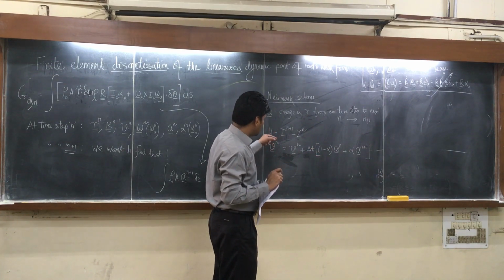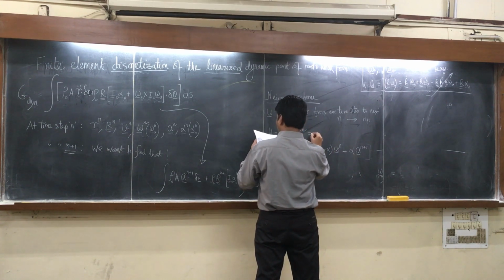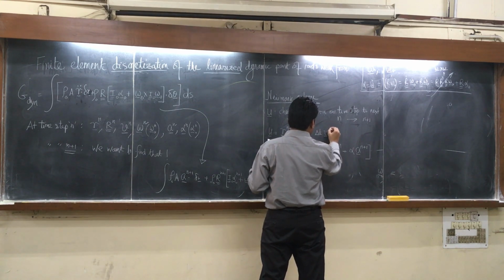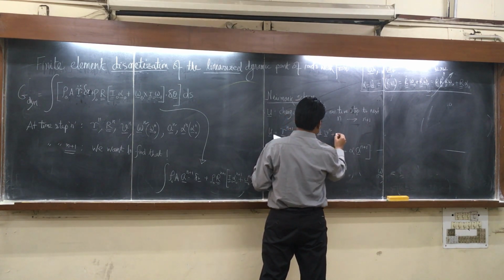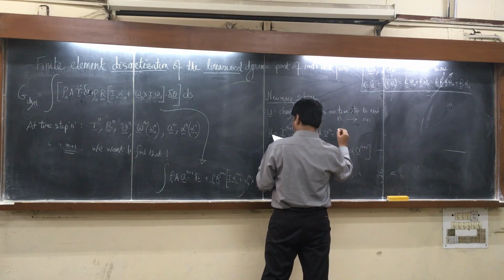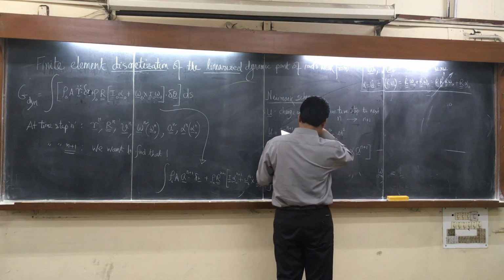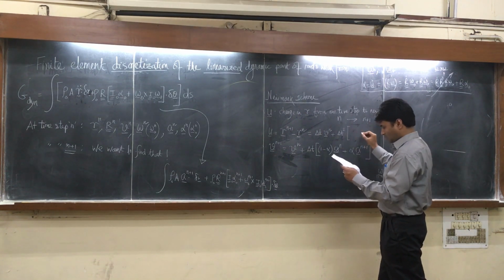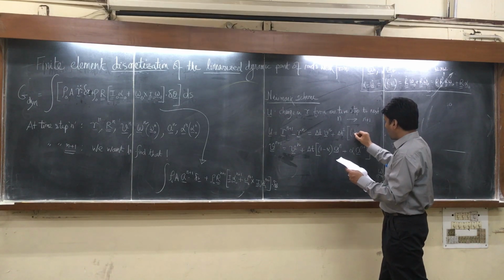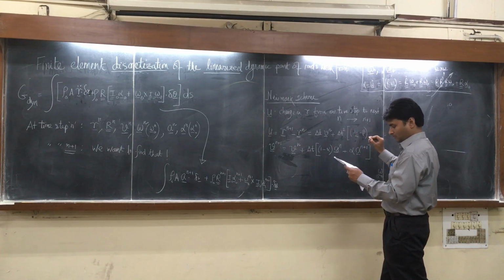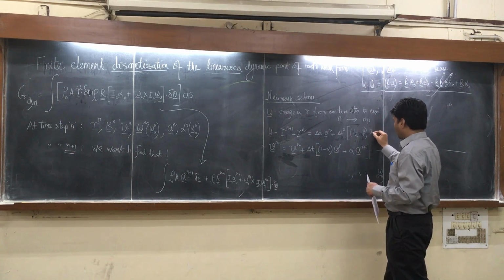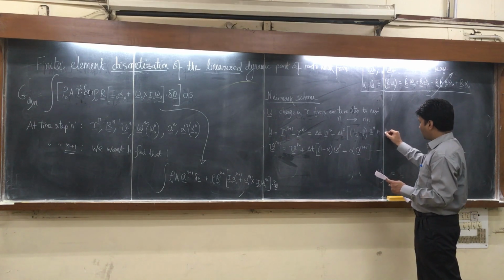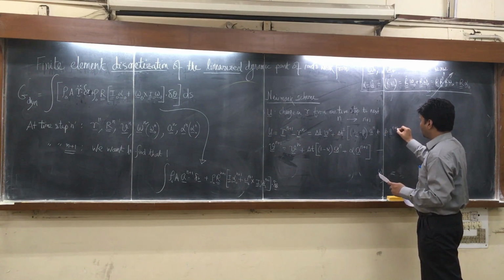Similarly, for the displacement, we say this is equal to delta t into Vn plus delta t square times 1/2 minus beta into An plus beta times An plus 1.